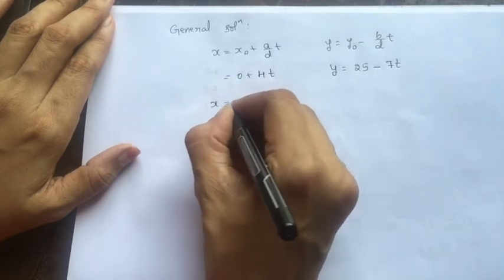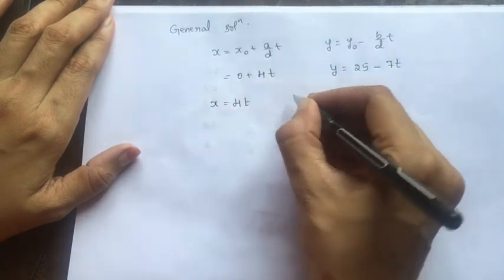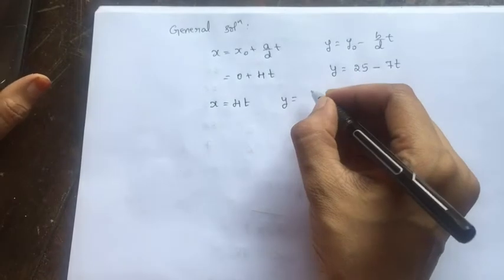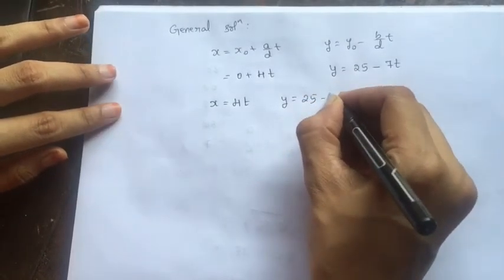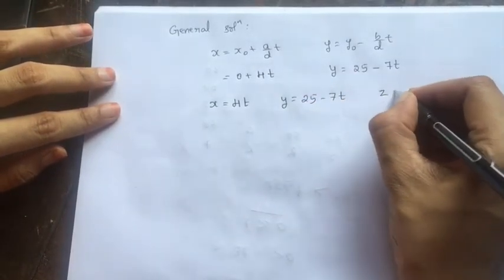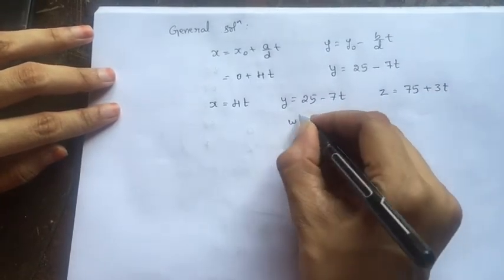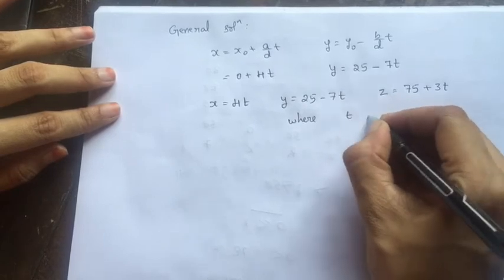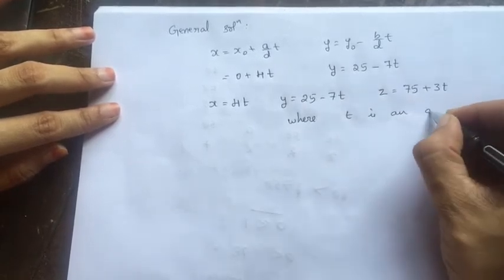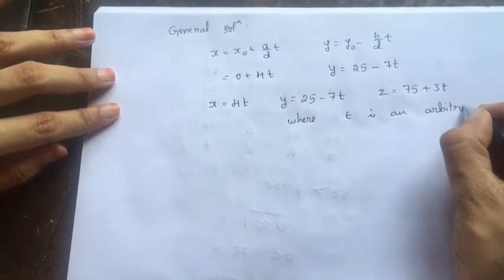So the general solution is x equals 4t and y equals 25 minus 7t, and z comes out to be 75 plus 3t, where t is an arbitrary integer, or any integer.